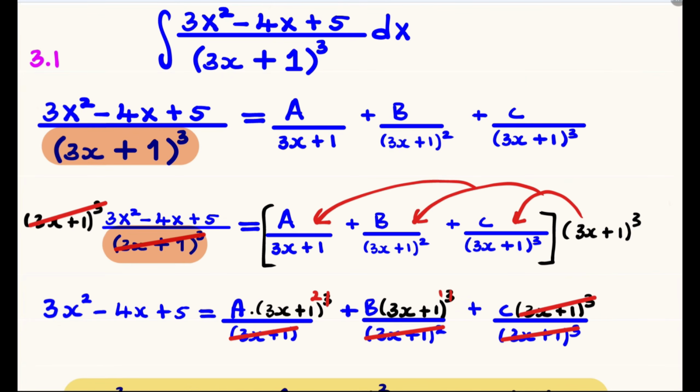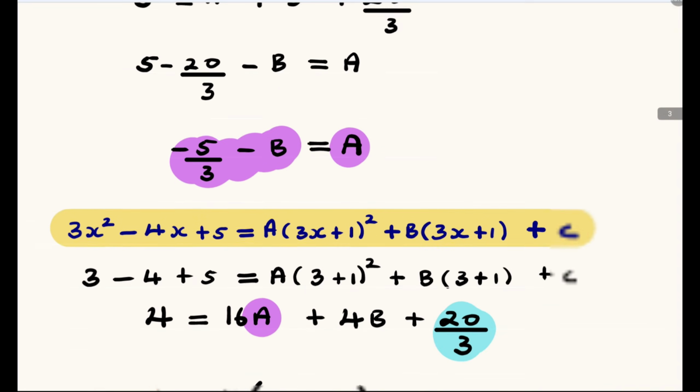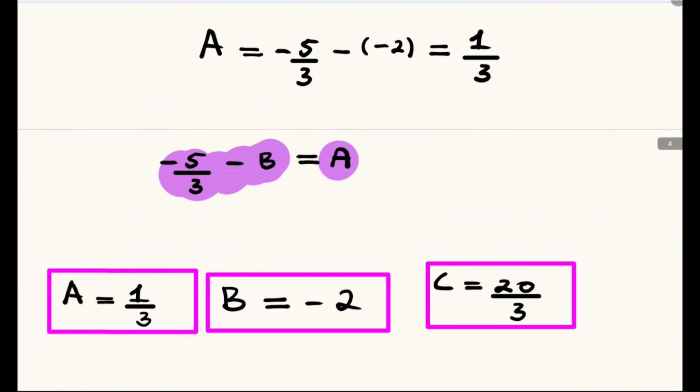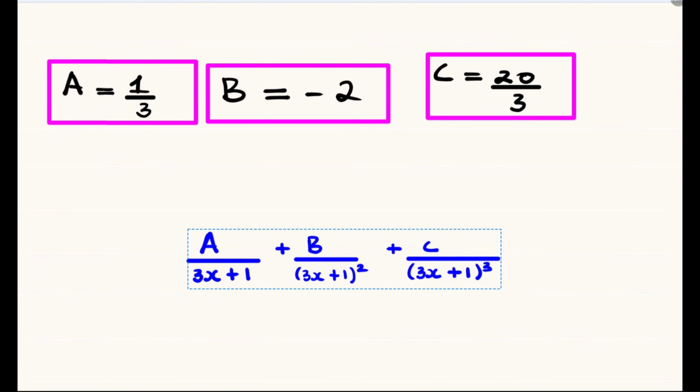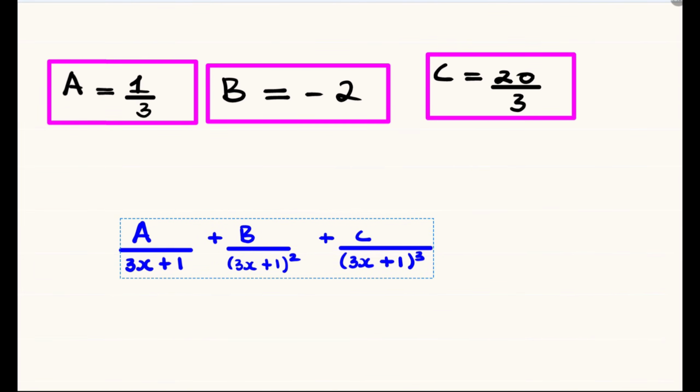Remember that integrating the left hand side with respect to x is the same as integrating the right hand side. So let's integrate the right hand side since we already know the values of a, b, and c.